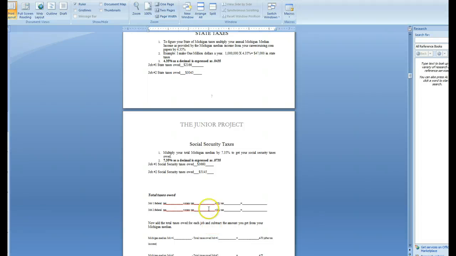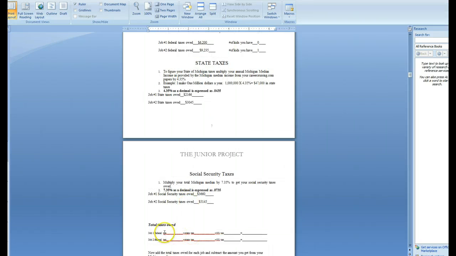Okay, so this asks what was my total taxes owed. So I take my job 1, and so up here my federal taxes was 6,200. Okay, my job 2 was 9,235.